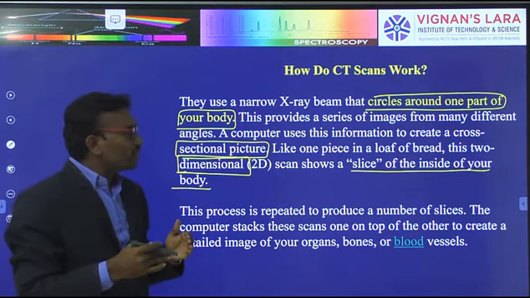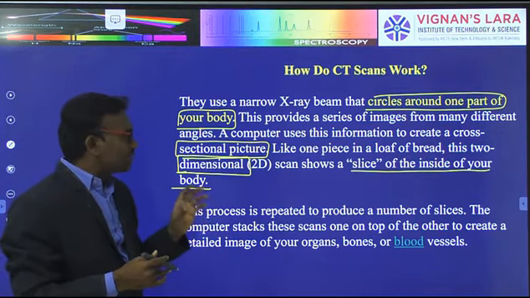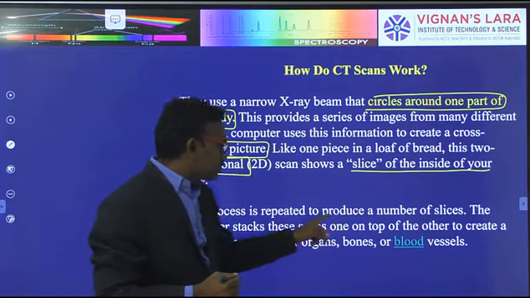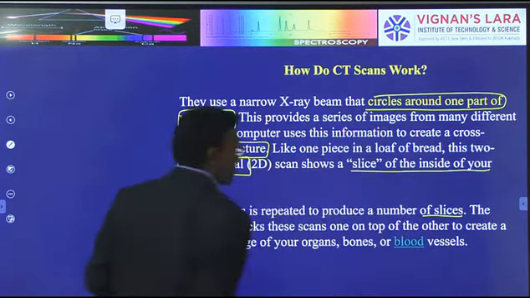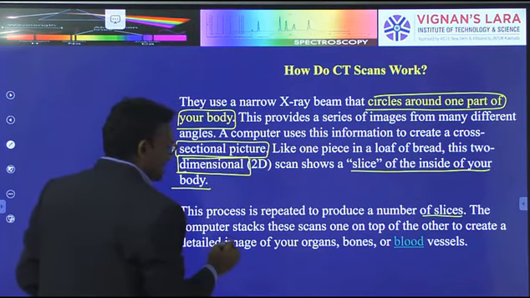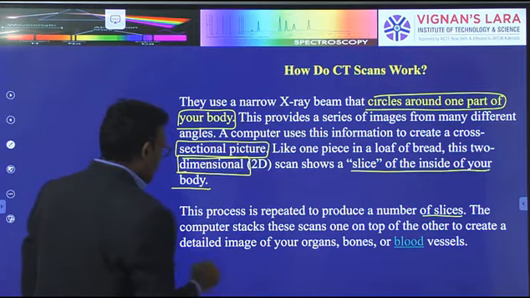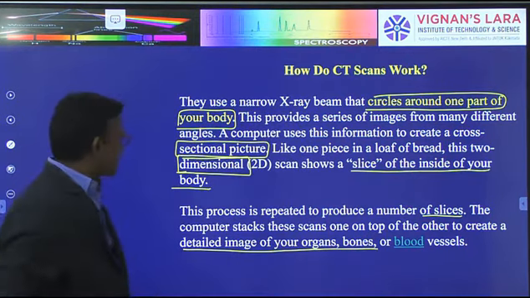So more images are produced to find out the exact problem in our body. This process produces a number of slices. The computer stacks these scans one on top of the other to create detailed images of our bones or blood vessels.